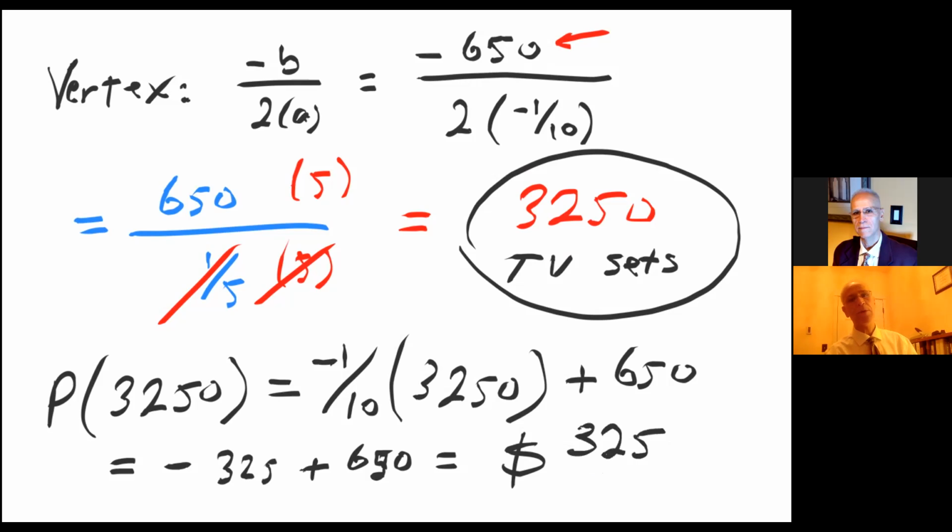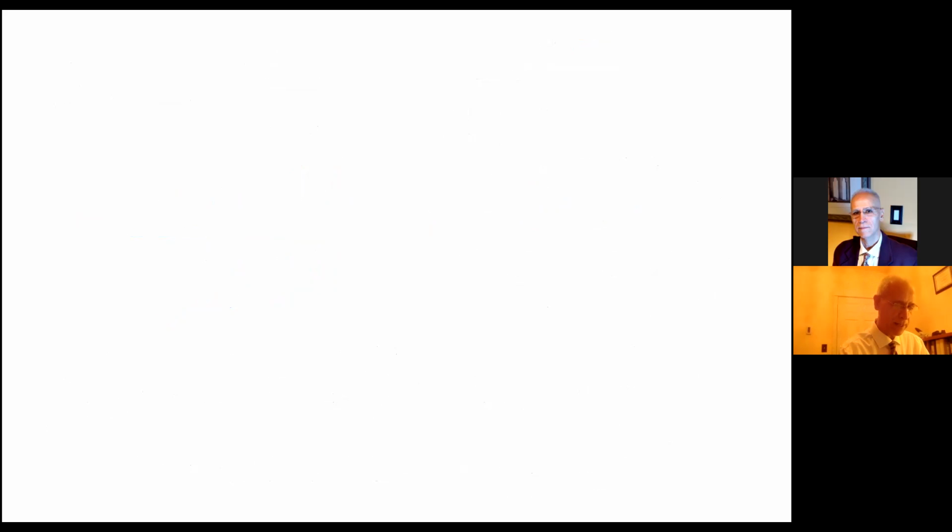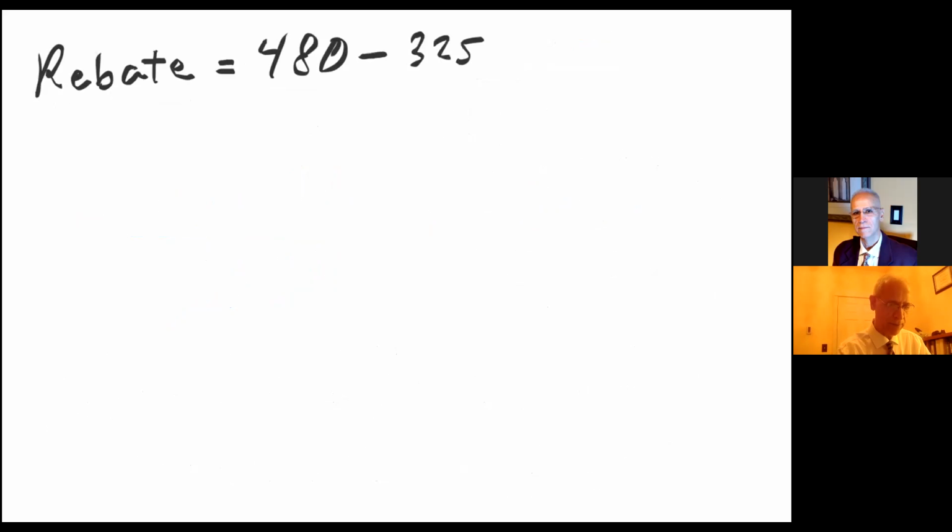But once again, the question is asking us how much rebate. This is the price, but how much rebate? So I can claim that the rebate equals, we were selling the TV sets in the beginning for $480 minus 325.